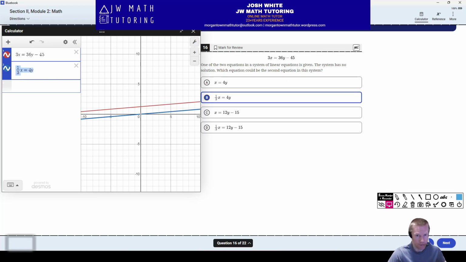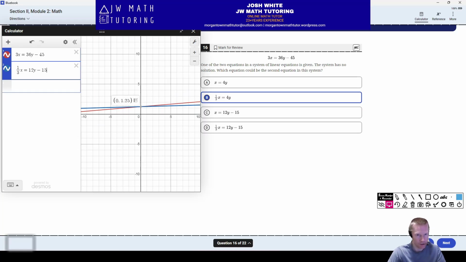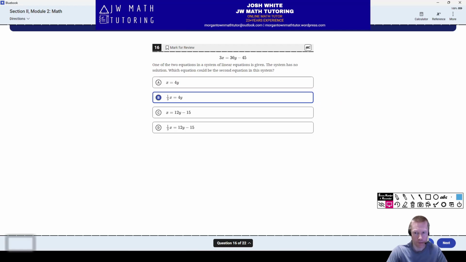You zoom out a little bit. But if you want to be sure, you can look at the other answer choices. Okay, notice here it's overlapping. This is infinite solutions. This is not no solution. And then lastly, for D, okay, we can see they clearly intersect right here, basically at the y-intercept value. So you could also do this one quite easily in Desmos as well.